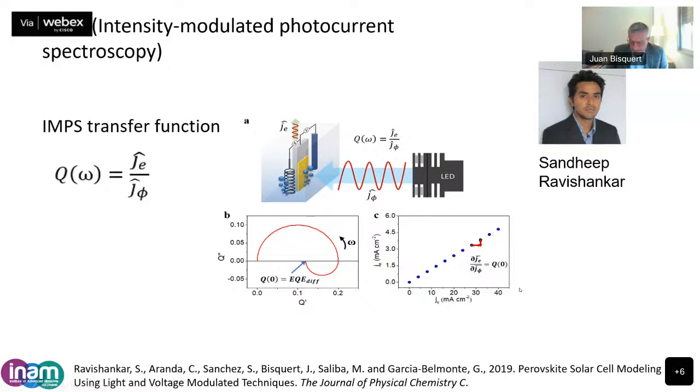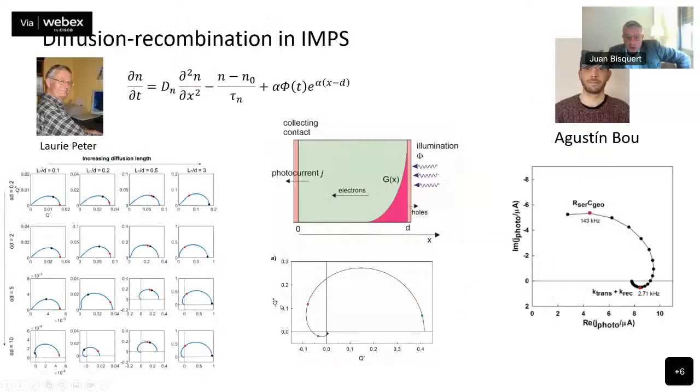And today I want to consider another effect which we discovered recently, which is analyzing diffusion with IMPS. And this analysis comes from the normal diffusion equation that was developed by the master, Professor Laurie Peter.